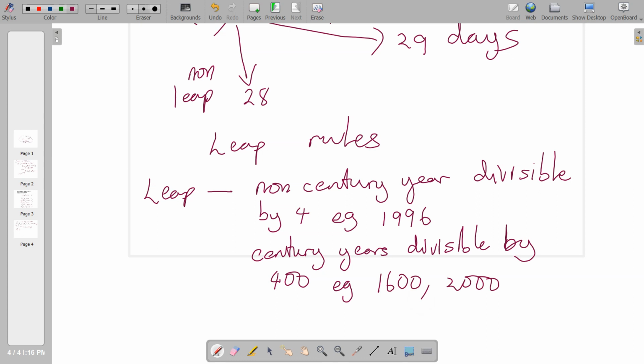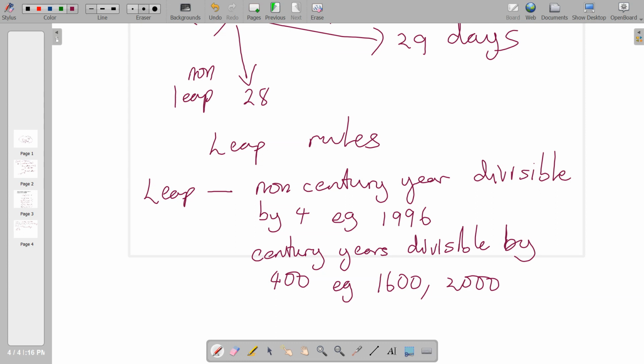These are leap years. A non-leap century year would be like 1900 as we saw before, because if you divide 1900 by 400, you get a remainder of 300.